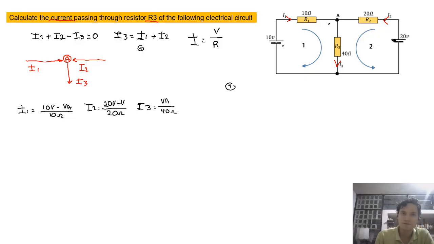So we have 10 volts minus VA over 10 ohms plus 20 volts minus VA over 20 ohms is equal to voltage A over 40 ohms.